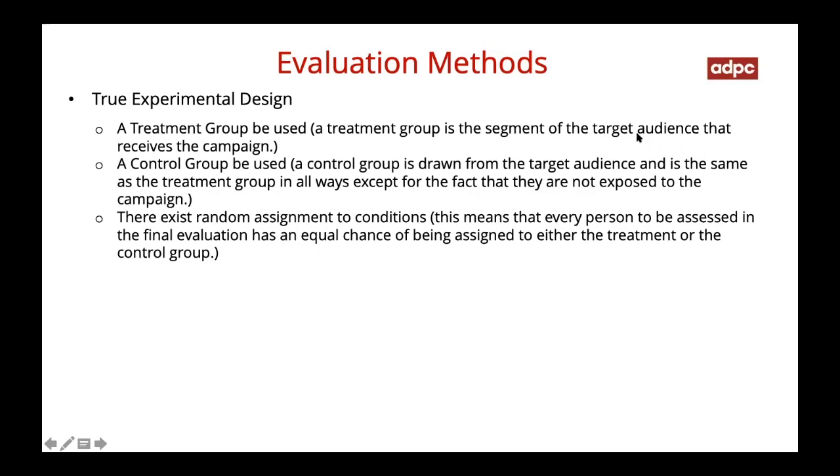Among the target audience, you have a control group. A control group is drawn from a target audience and is the same as the treatment group in all ways except for the fact that they are not exposed to the campaign. So you have to see the difference.